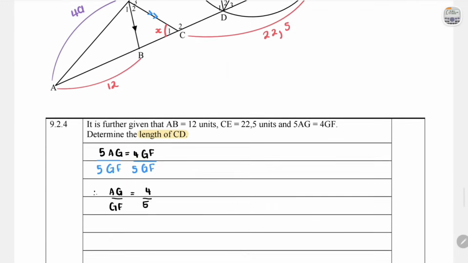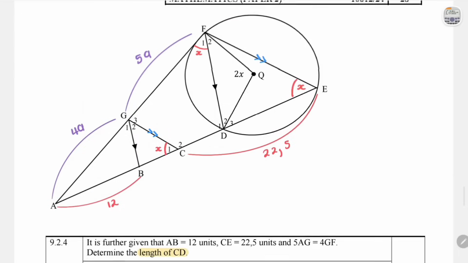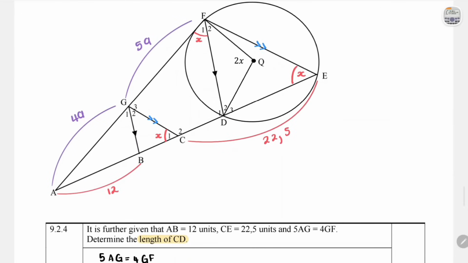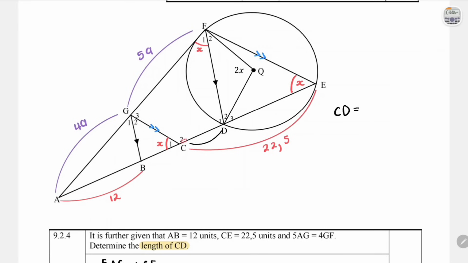Okay, so how can we use this information to find the length of CD? Let us construct a way to find CD. So here's the plan. We're trying to find CD. And to find CD, because it's this line over here, I wanted to use this side, but I'm not too confident about this side because I could have said, okay, why don't we just say CE, since we have that, minus DE?